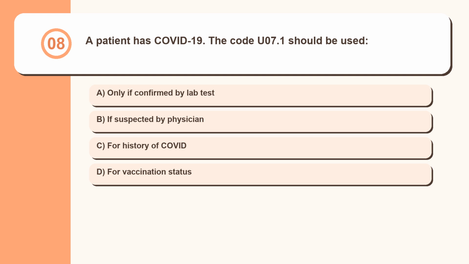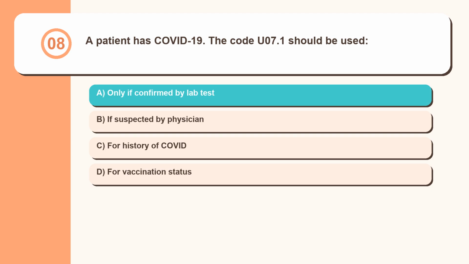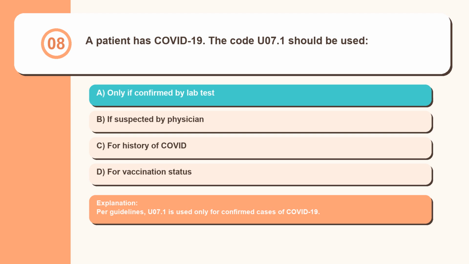Question 8. A patient has COVID-19. The code U07.1 should be used only if confirmed by lab test, if suspected by physician, for history of COVID, for vaccination status. Per guidelines, U07.1 is used only for confirmed cases of COVID-19.